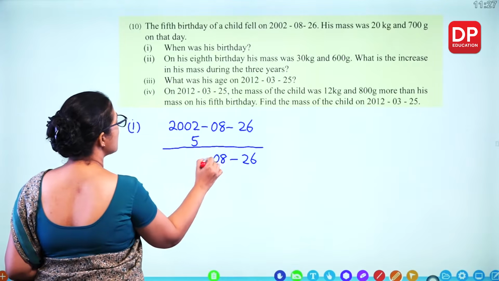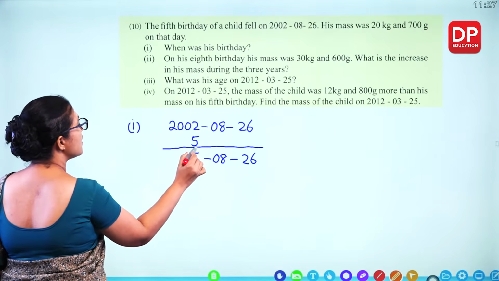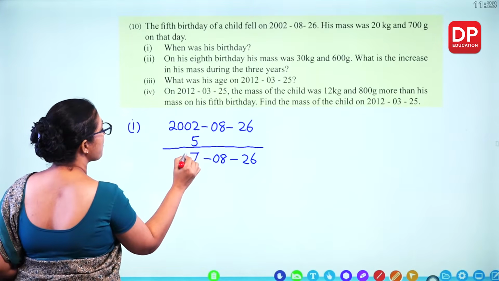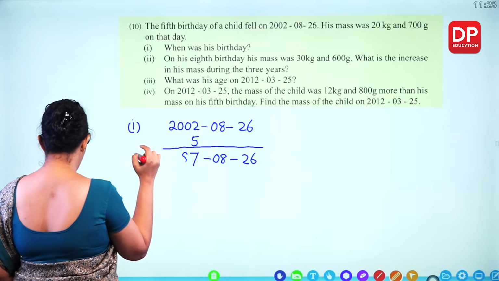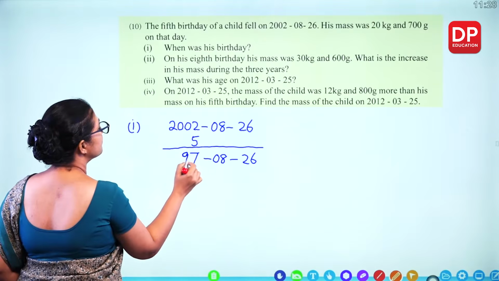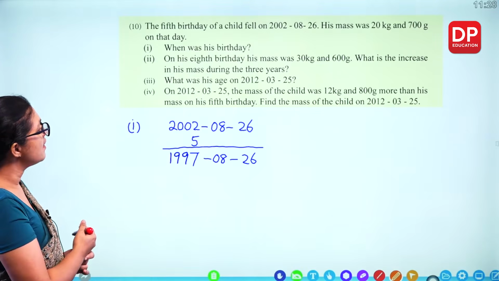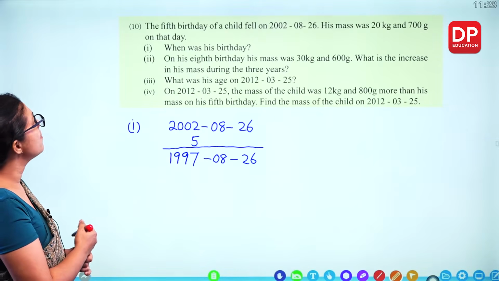It's not changing. So you get 7. 9 and 19. 1997, 8/26 is the birthday.